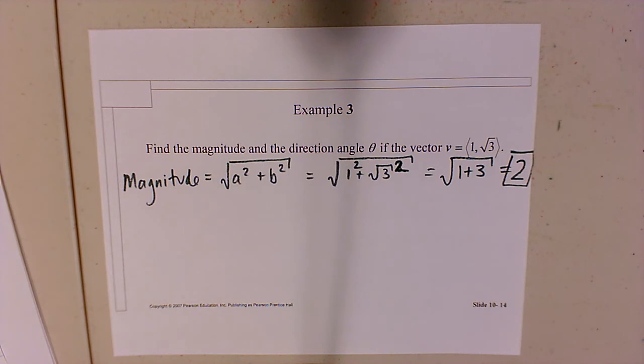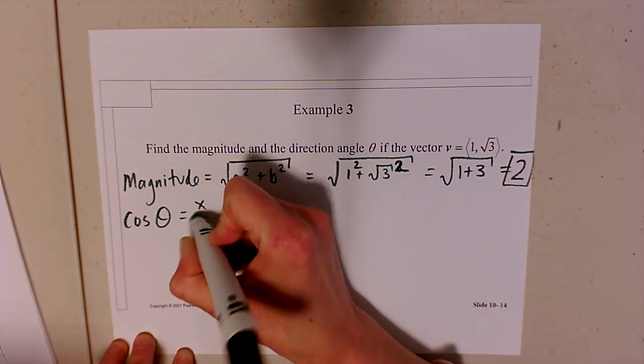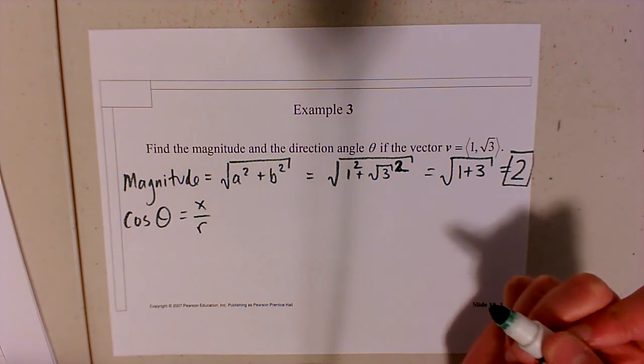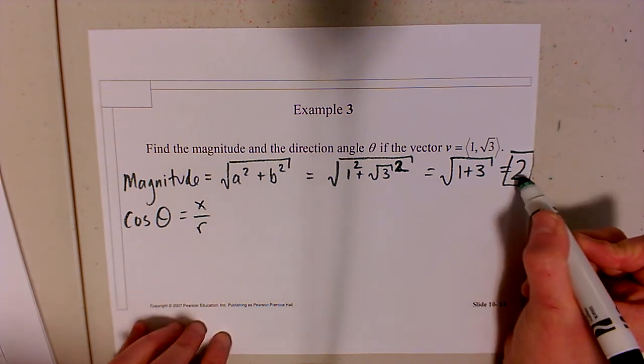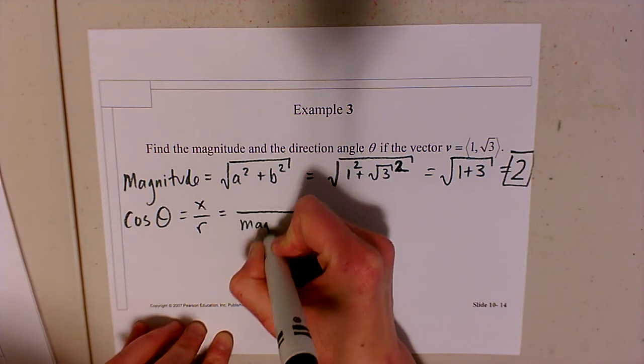Now, to find the direction, you can find your direction with sine or cosine. If you remember from what you learned in trig, cosine theta is x over r, and this magnitude that you found, you can think about as your r value.